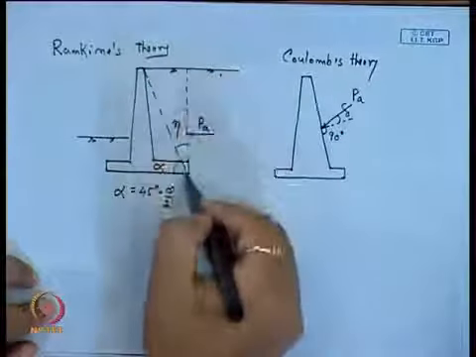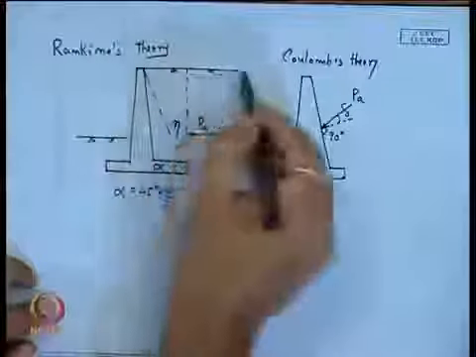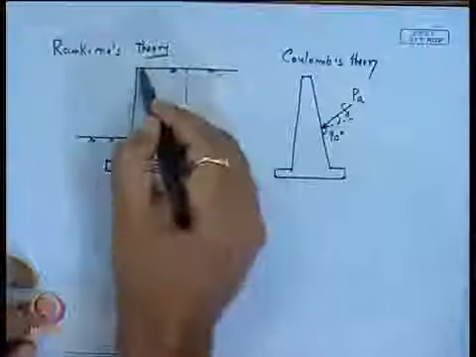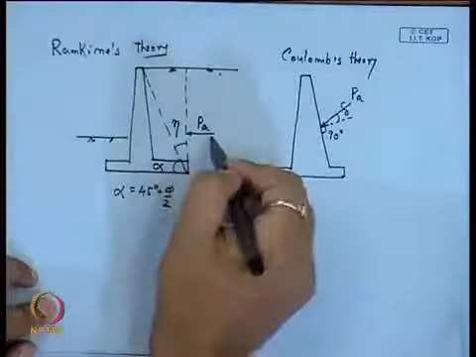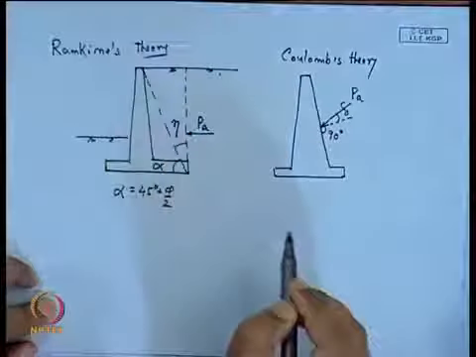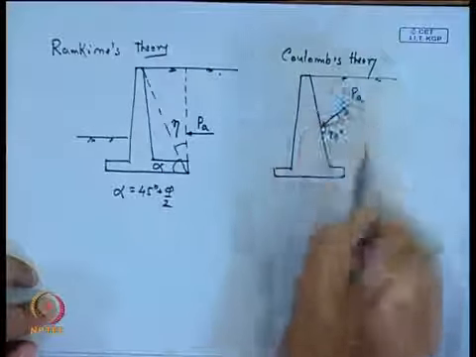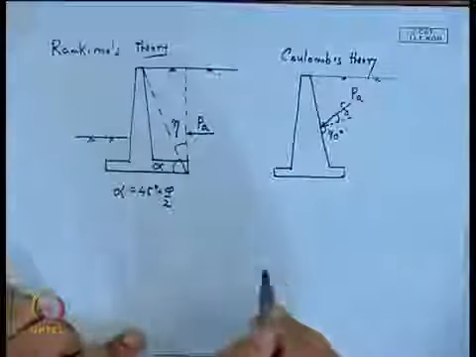Whereas in case of Rankine's theory, it will act parallel to the backfill side. If the angle is i, then it will act with an angle of i, otherwise it will act parallel to the ground surface.